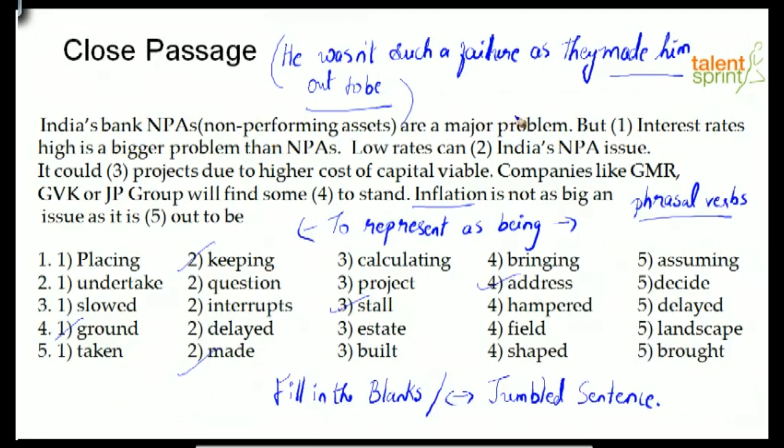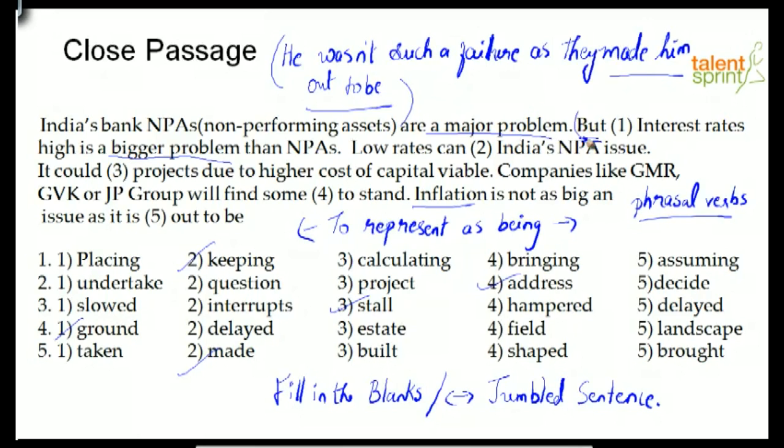The first sentence says so and so is a problem, and then I have the linking word but, right? It's an antonym hint word, and then you have interest rates high is a bigger problem than NPAs. Look at that, right? So basically this will also help you in connecting sentences one after the other.